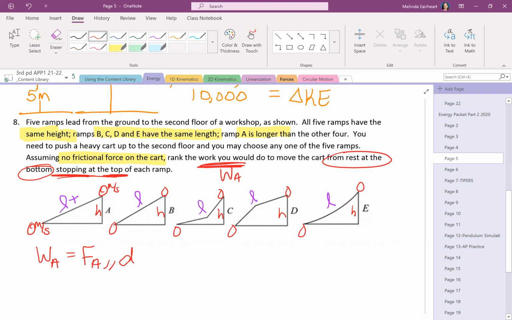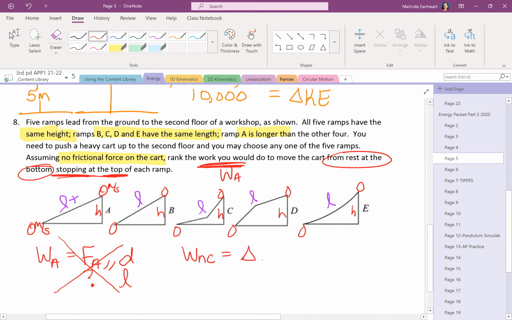No, they didn't tell me anything about the applied force. Now, distance would be that length equivalence, right? But I can't solve it with this equation. I don't know anything about the applied force. And so what's another way to find the work done by applied, which is a non-conservative?